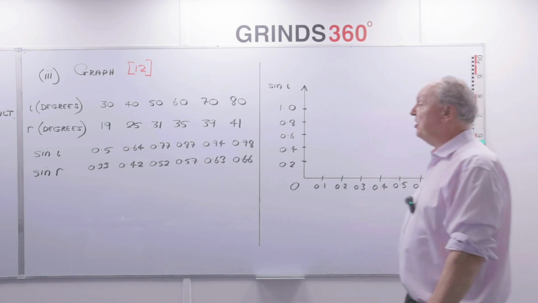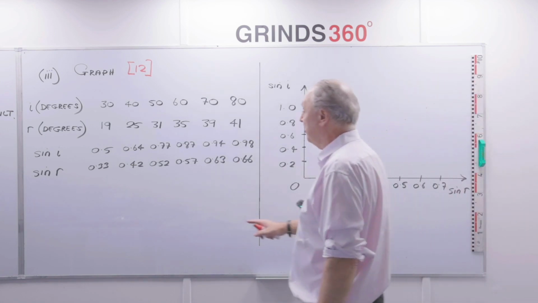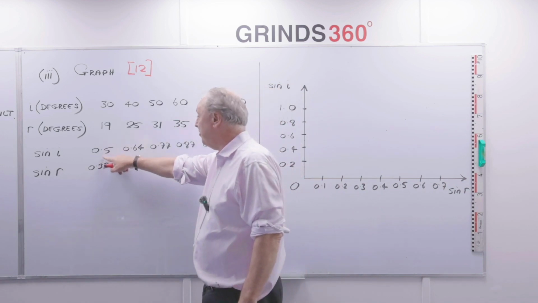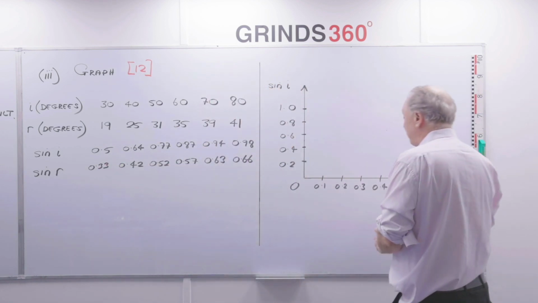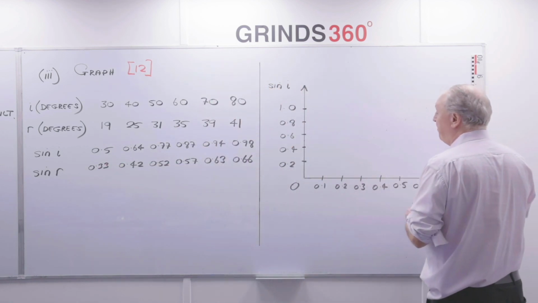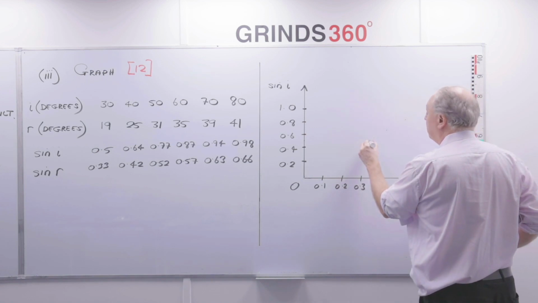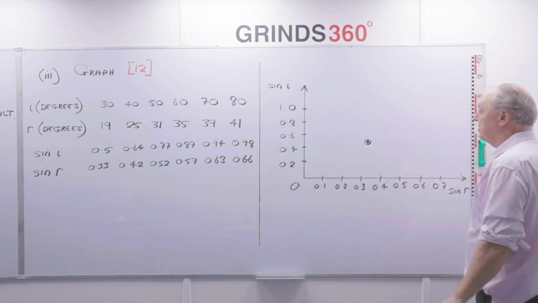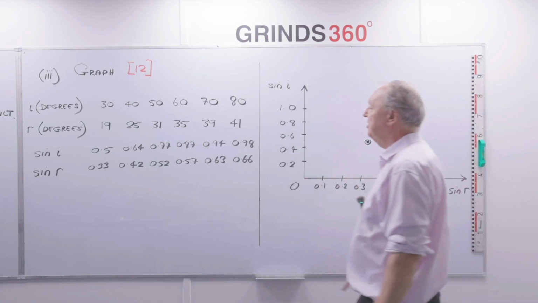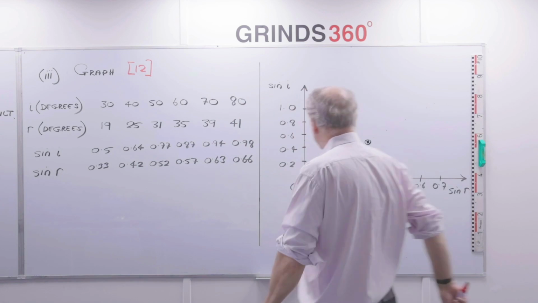So let me put my points in. So it's sin r down here. So my first point is 0.33, 0.5. So I go out 0.33 and I go up 0.5 and I get my first point here. Put in a dot, X, circle. My next point is 0.42, 0.64.